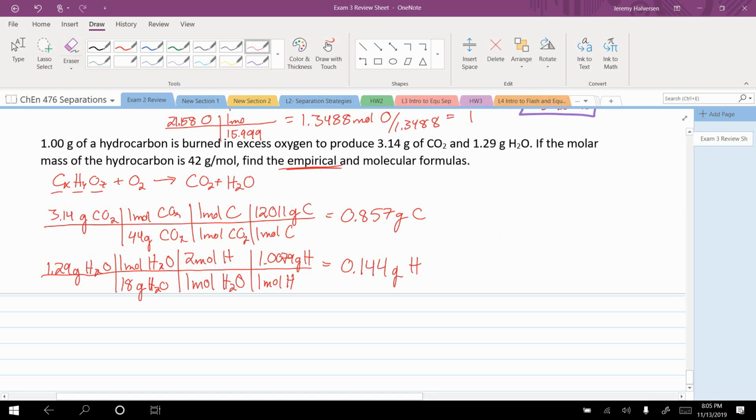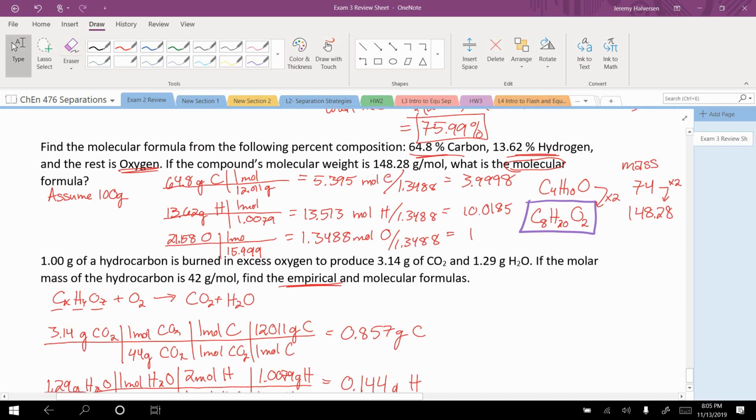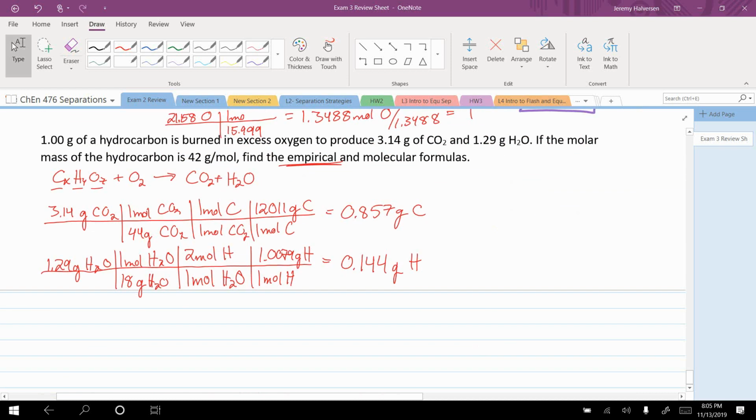All right, so I now have my grams of each thing. If you remember up here, we wanted to find mole ratios, so we turned our percents into grams and then converted into moles and divided by the smallest. Well, we don't have percents, but we already have grams. So what should we do? Just convert them into moles.